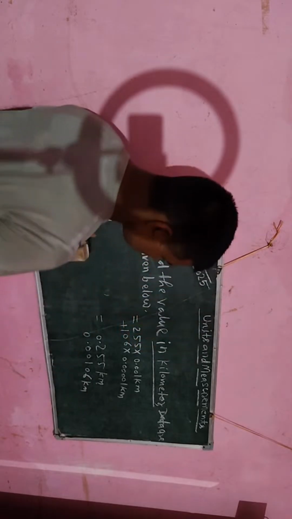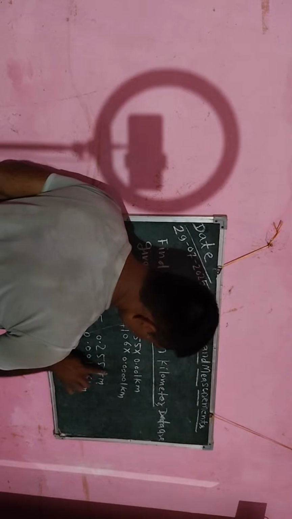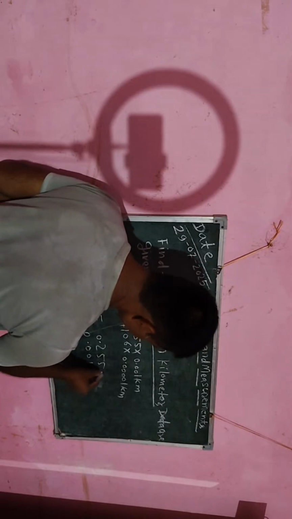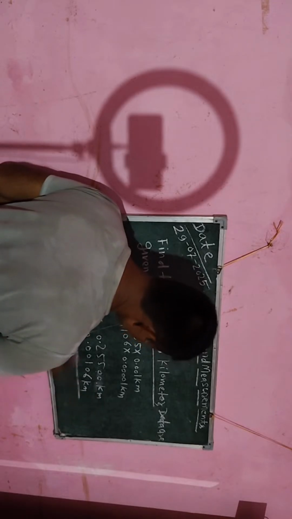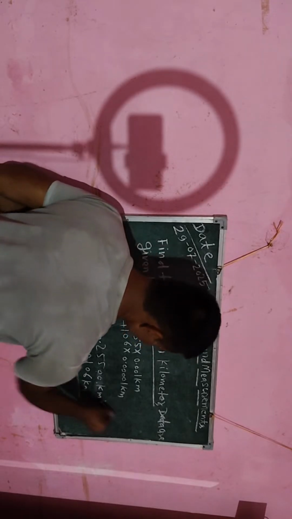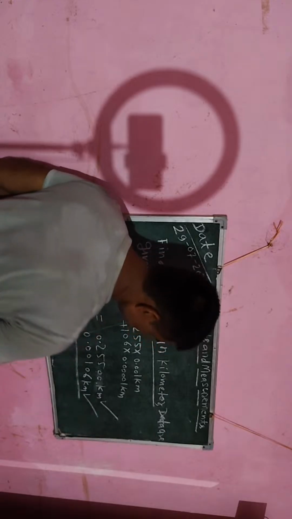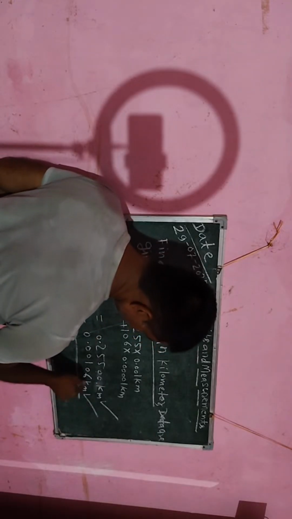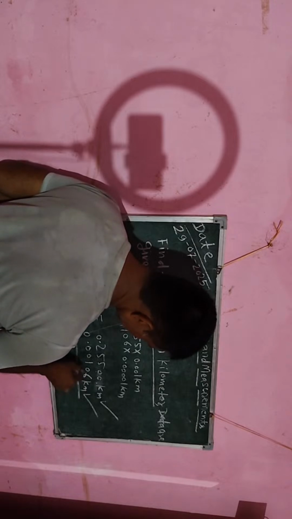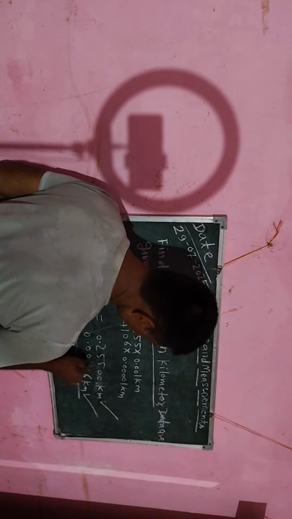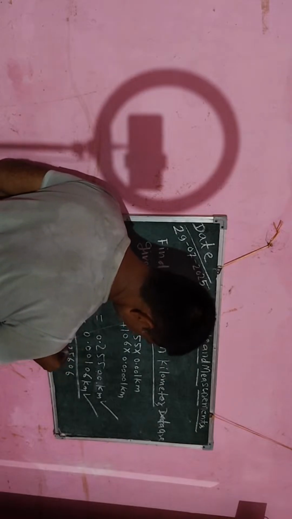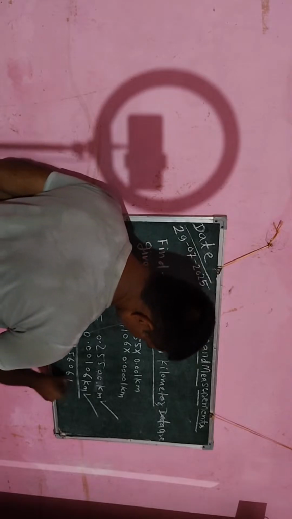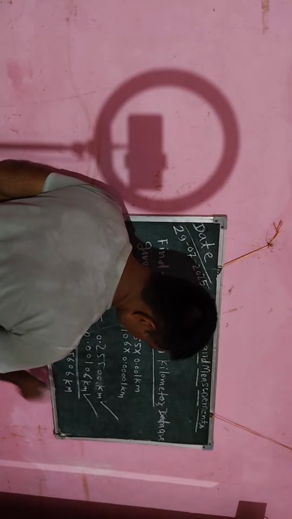Okay student, now further, after the decimal point, if there is a need for 0, you can put 0 there, there is no issue. Because this is also in kilometer and this is also in kilometer, addition is possible. So 6 plus 0 is 6, and 0 plus 0 is 0, 5 plus 1 is 6, 5, here will be 2, and then I will put the point here, and then I write the 0, so it will be in kilometer.